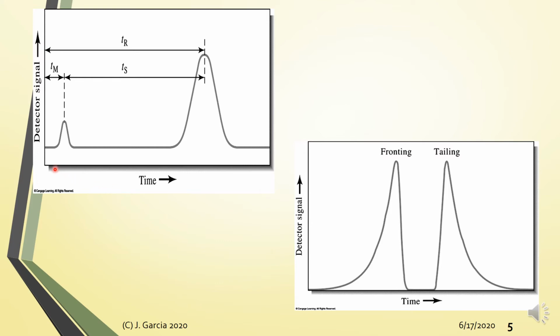So the retention time, that is t_R, is the time, starting from the moment of injection of the sample into the chromatograph until the appearance of the peak corresponding to the elution of one of the components of your mixture. So the time that elapsed is referred to as your retention time.